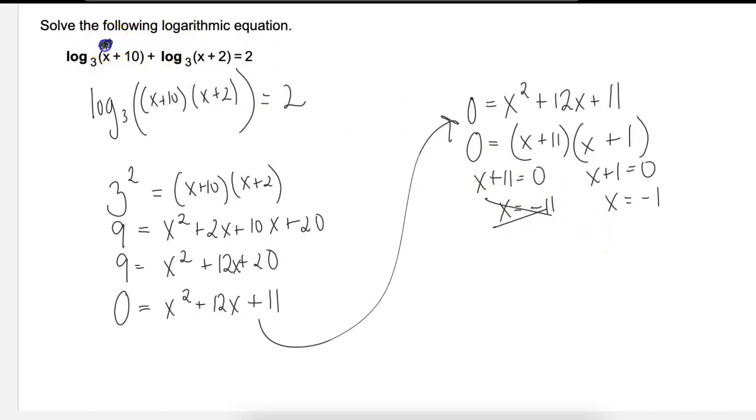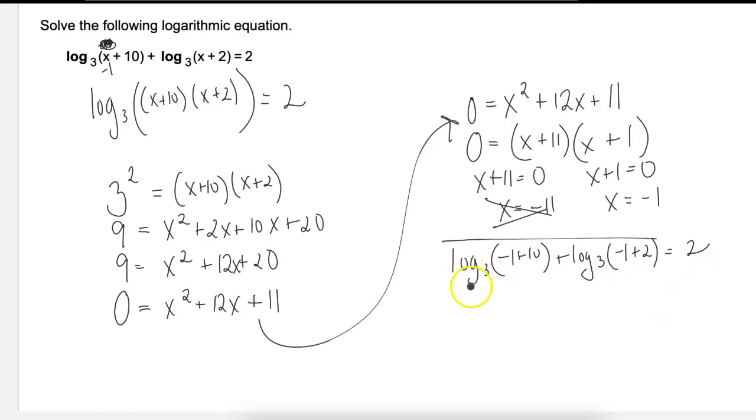When we try to test negative 1, let's try that one. I'm going to actually go through the whole process over here. So let's try negative 1. And let's see if this really is true.